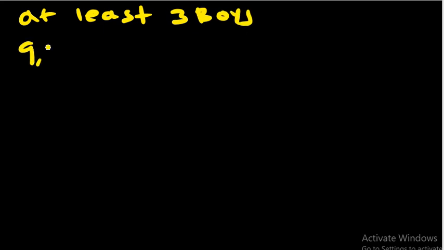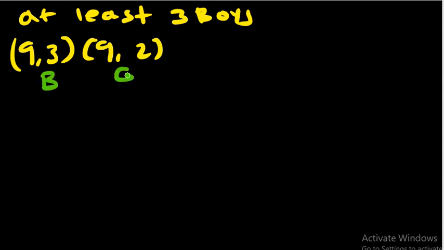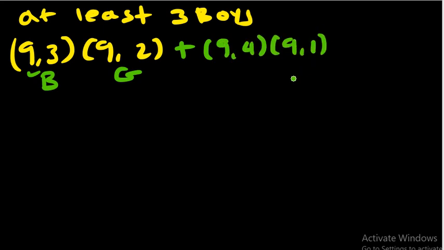From the 9, 3 and from the 9, 2; don't forget the first one is boys, then girls. At least 3 boys and 2 girls is one possibility. The other possibility, 4 boys and 1 girl. And the other possibility, all 5 will be boys.